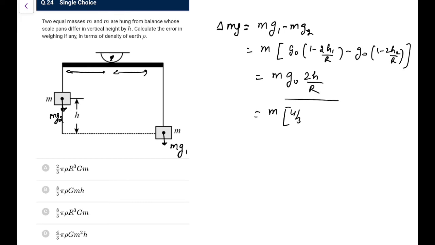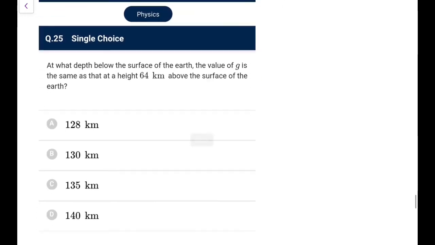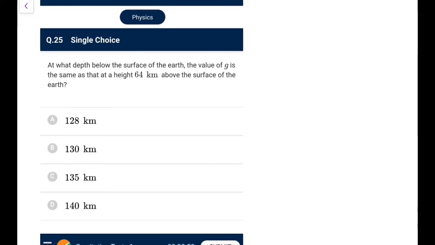You know, it is (4/3)πρGR, if you can remember, times 2h/R. So R and R cancel. So as per this, this appears to be the only option which can match, nothing else. I still don't know how it is matching, but okay, I can calculate the answer, though the arrangement seems somewhat typical.